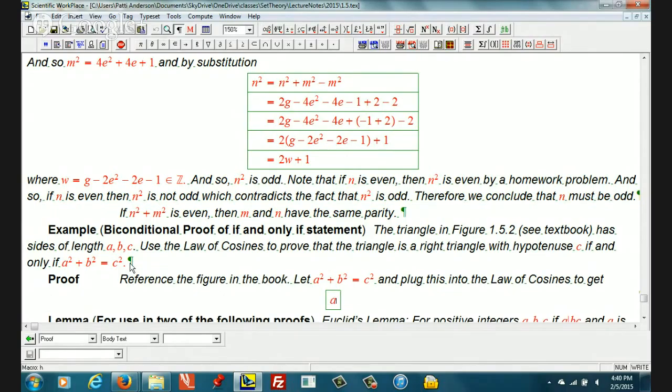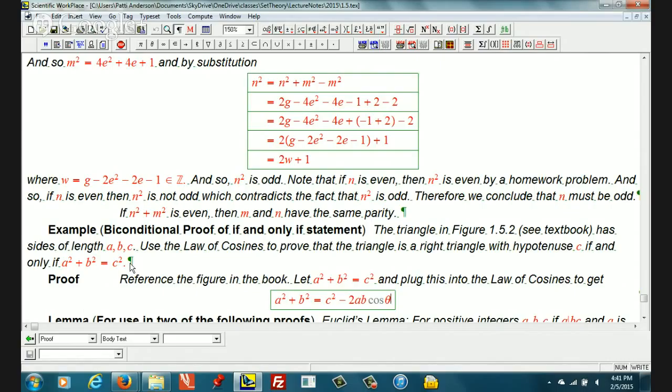So what we're going to have is a squared plus b squared equals c squared. I forgot my law of cosines. Let me look at it. It's c squared equals a squared plus b squared minus 2ab cosine theta, the angle between. I couldn't remember whether it's minus or plus.